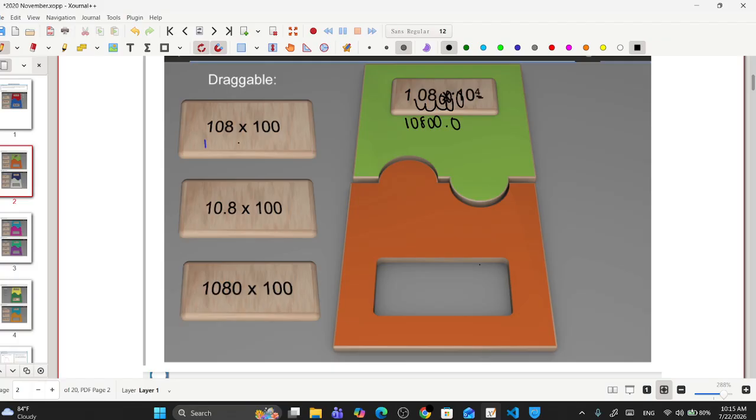Now, what are the options that we have? If I was to solve this question using the same way, I would move the decimal point two places towards the right. So I would also get 10800.0 here. Alright, let's check this one out. Two places towards the right, 1, 2. 108.0, but this is not equivalent to the value that we originally need.